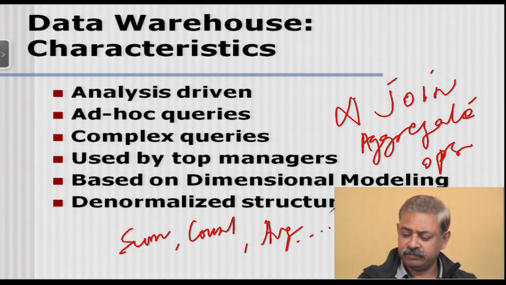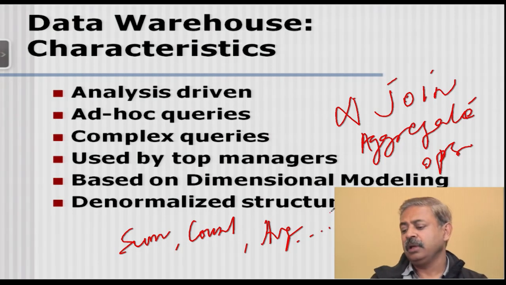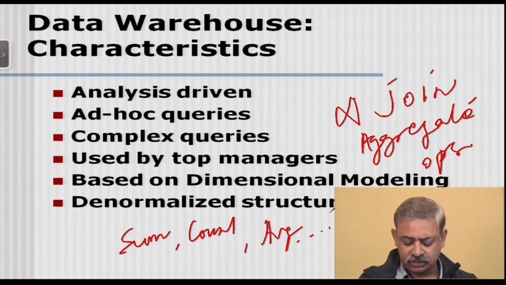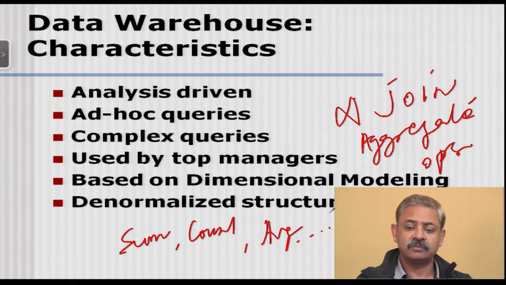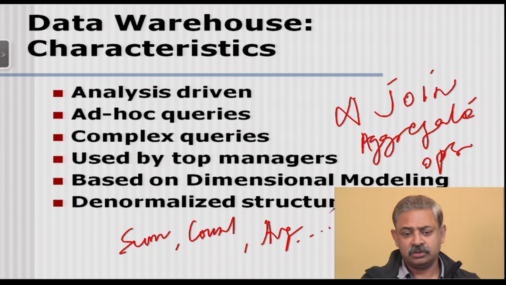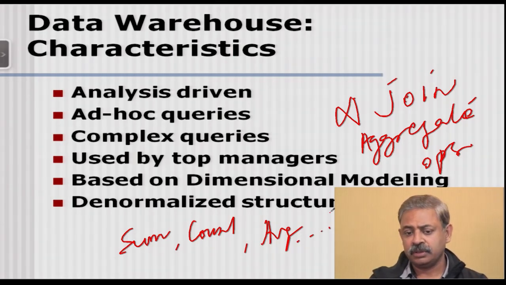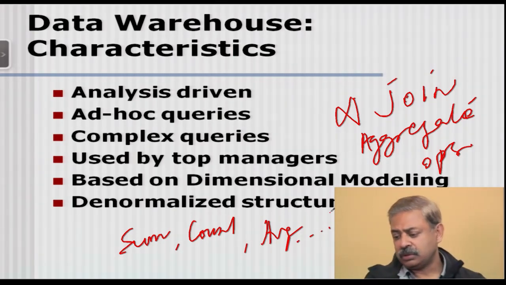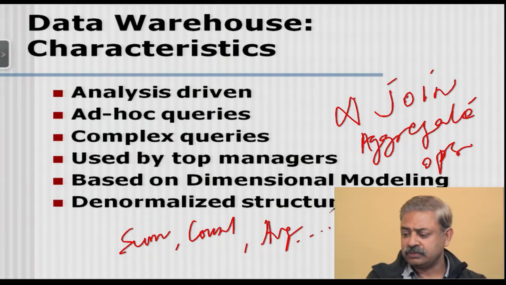The queries in a data warehouse environment typically require a lot of joins, and they use a lot of aggregate operators, and the footprint of the queries in a data warehouse environment is very large. That means they require a lot of data to be answered, right? So that is what makes the queries very complex.